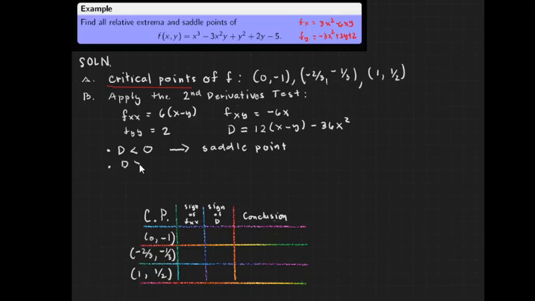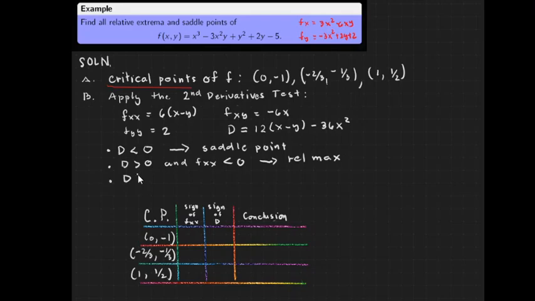Now, if D is positive and fxx is negative, then we say f has a relative maximum at the given point.